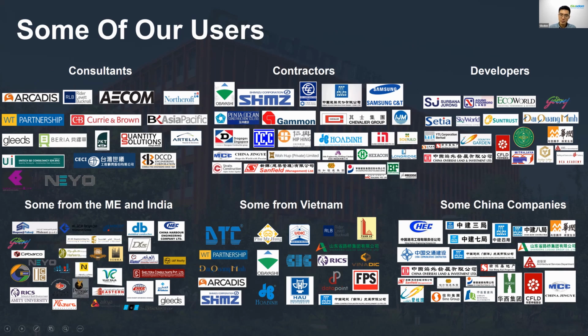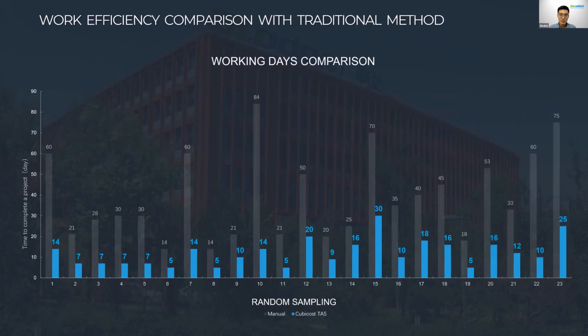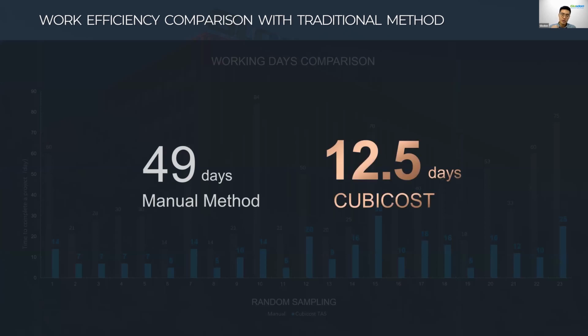And let's take a look at some real data. So here's the feedback from the actual users. They compare the time they spend on the project with the manual method and the BIM method. The result on average is that if we do the work with the manual method, it would take around 49 days.